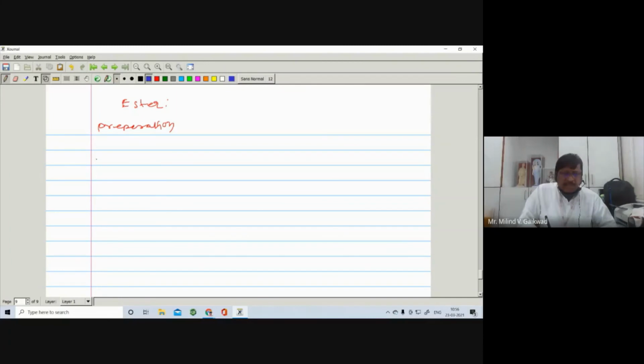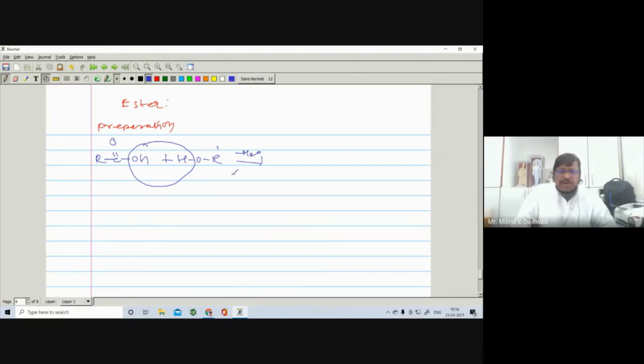If a carboxylic acid RC=O OH reacts with alcohol, then it undergoes dehydration, removal of a water molecule, when you heat it in the presence of acid, and you get the corresponding ester, right? One preparation. For example, just replace R by methyl, and you get the example.